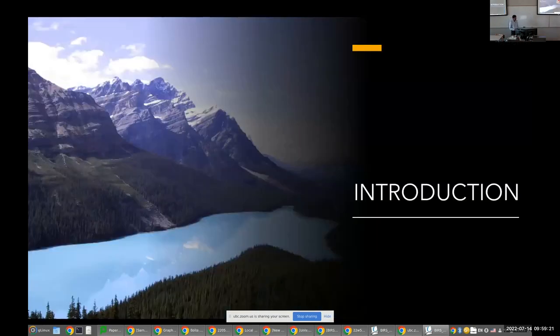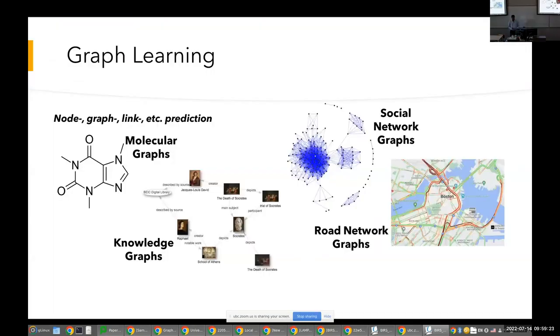So, starting with the introduction. I don't think I need to motivate graph learning too much to this audience. I think most of you are convinced that this is an important area of research that has definitely sprung up in the last few years.